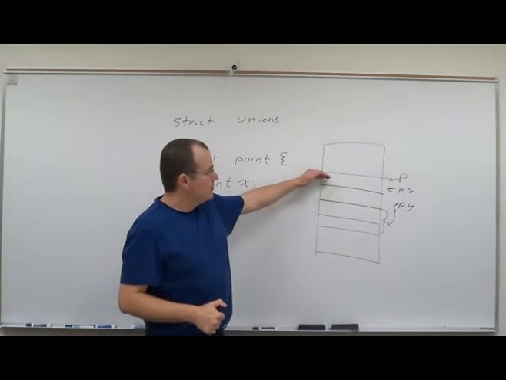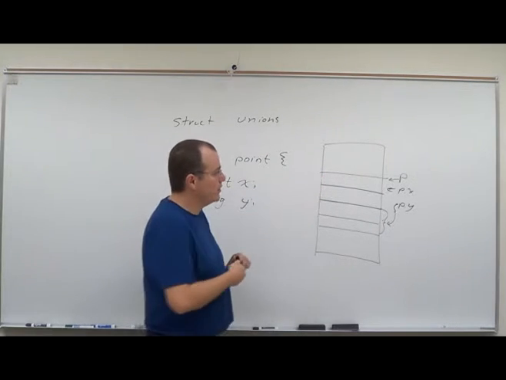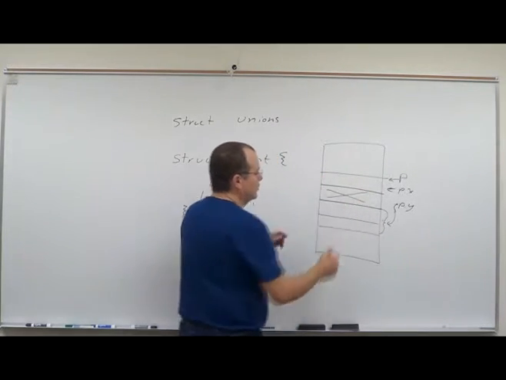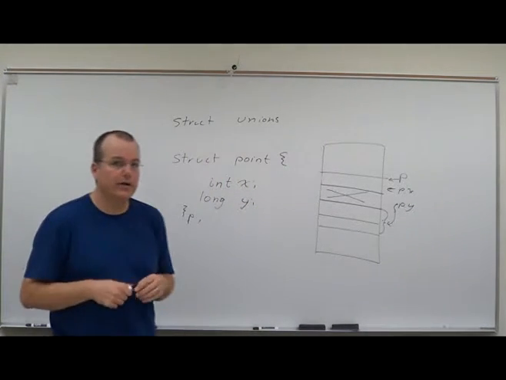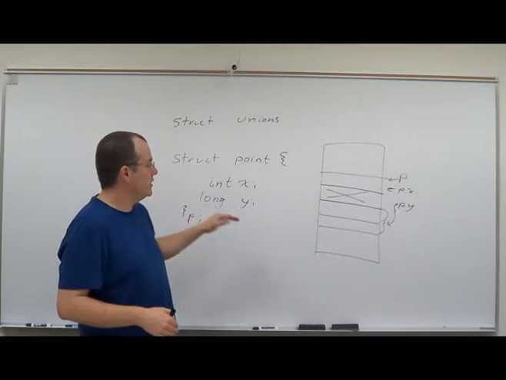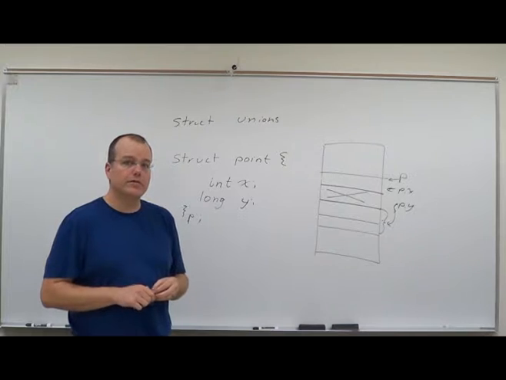So if x is on a multiple of 4 and p is on a multiple of 8, this padding in here that isn't used pushes y into the right spot in memory. Now here's why I like this view of memory, is it follows the same order as we declare the variables of the structure.